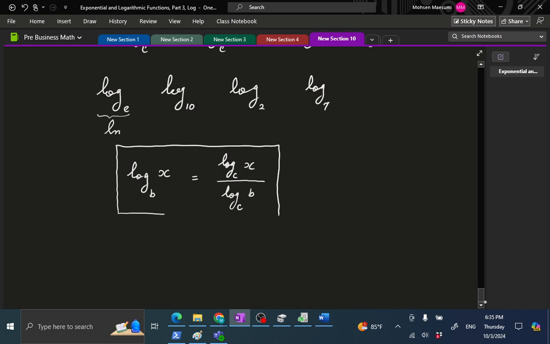These are not fractions. Just looks like that. If you had simplified x over c with b over c, you would have gotten x over b, but that is just a coincidence. So this is the rule for change of base. So this is a change of base formula.